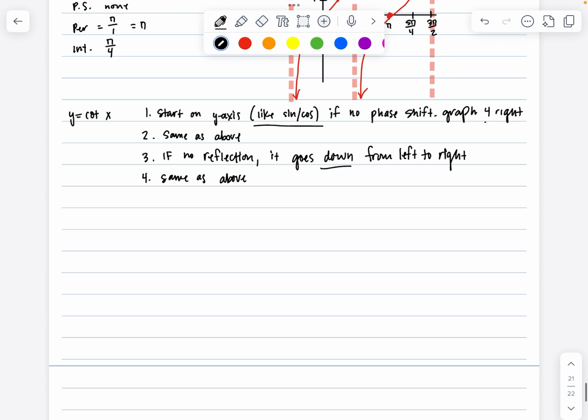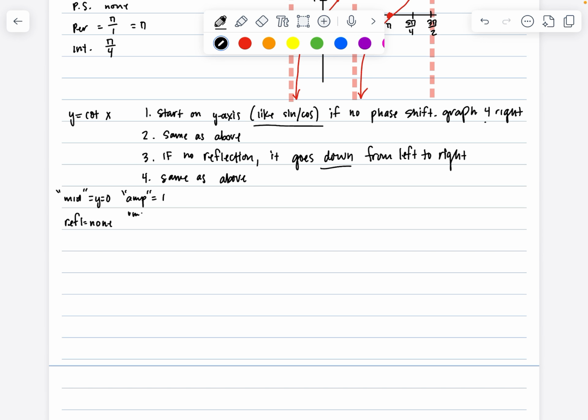Okay, so cotangent. We would follow the same procedures. Once again, this is not a midline, so I'm going to put that in quotes. Midline is 0 here, or y is equal to 0. Amplitude, fake amplitude, is 1. Reflection, that's true, none.